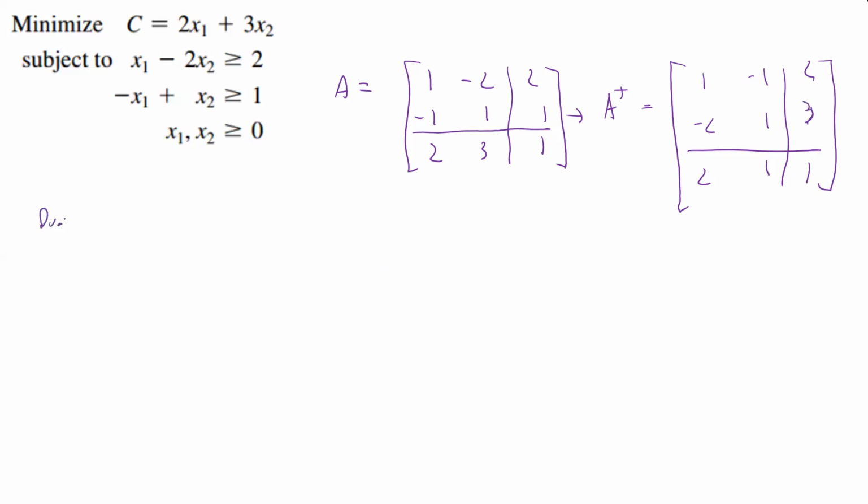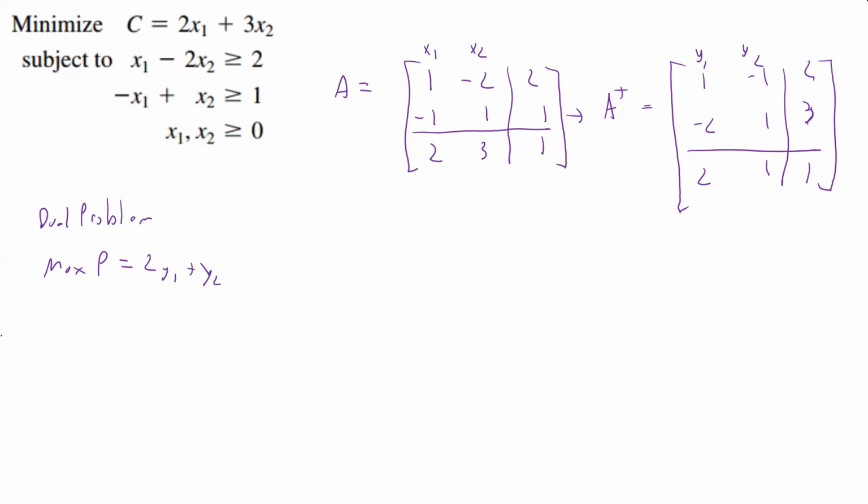So our dual problem, we just write the matrix into our new problem type. So now instead of a min, we're going to maximize P equals, and we go to that bottom row. And remember, this is x1, x2. Now this is y1, y2. And so we have max P is equal to 2y1 plus y2.